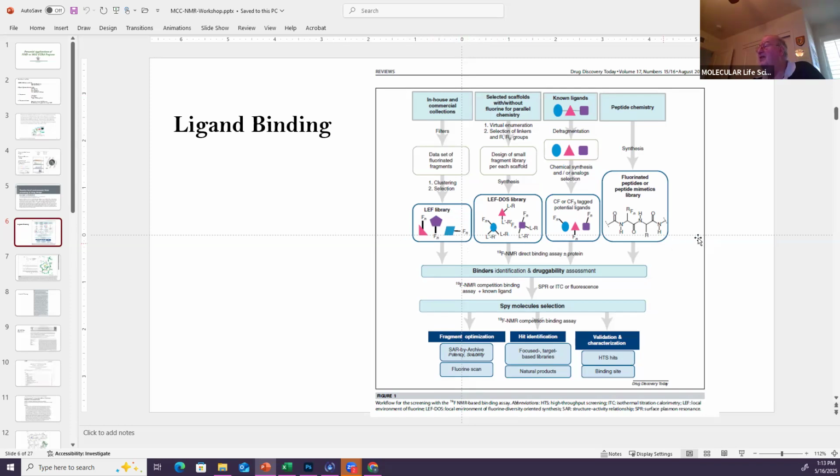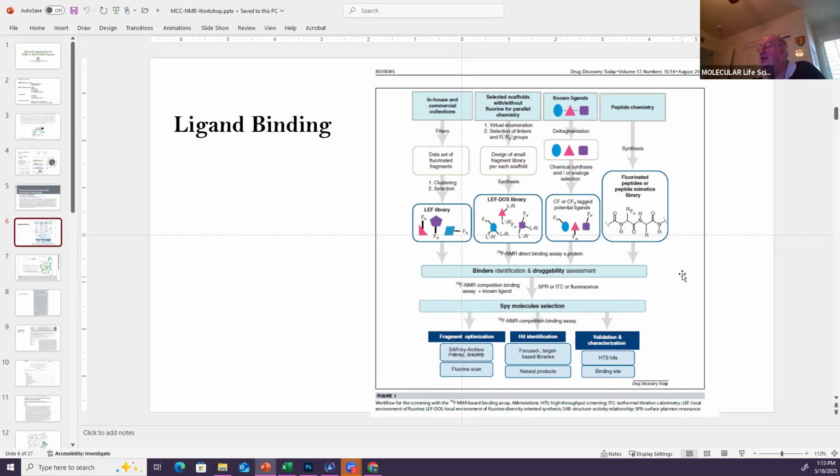So, again, you've got libraries of ligands that you can use, and fluorinated peptides are often used. You can synthesize fluorinated peptides and use those as ligands. And you can use them as binders to do a binding assay, and in competition binding studies with a known ligand.